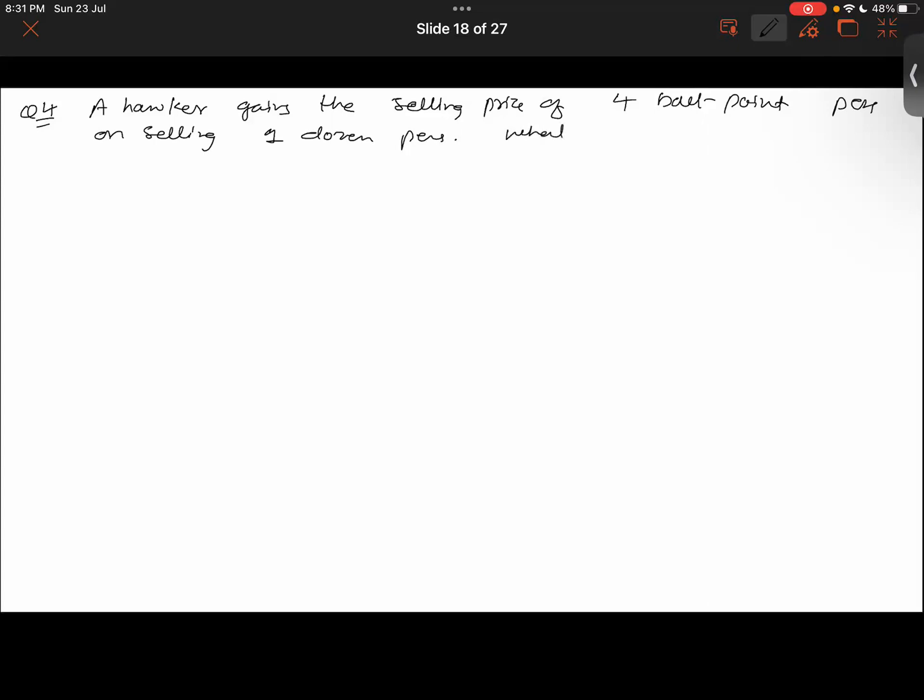That is the question. In this question, you guys have to understand the language of the question first, because that is what is more important here. So there's a hawker who gains the selling price of 4 ballpoints on selling 1 dozen pens. What is his gain percent? That is what you are required to find.